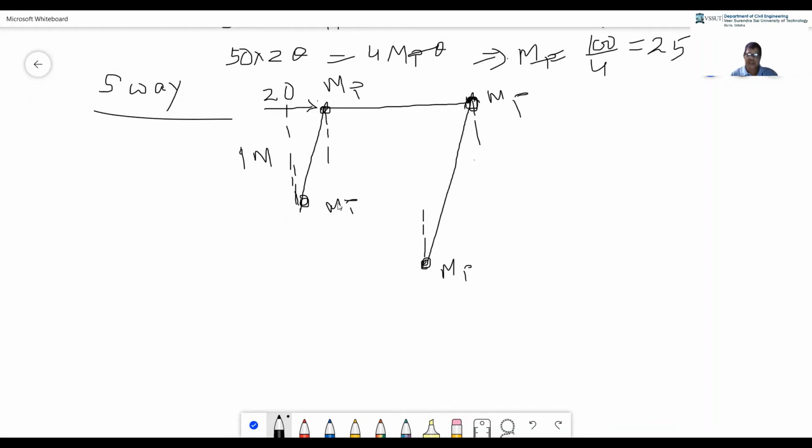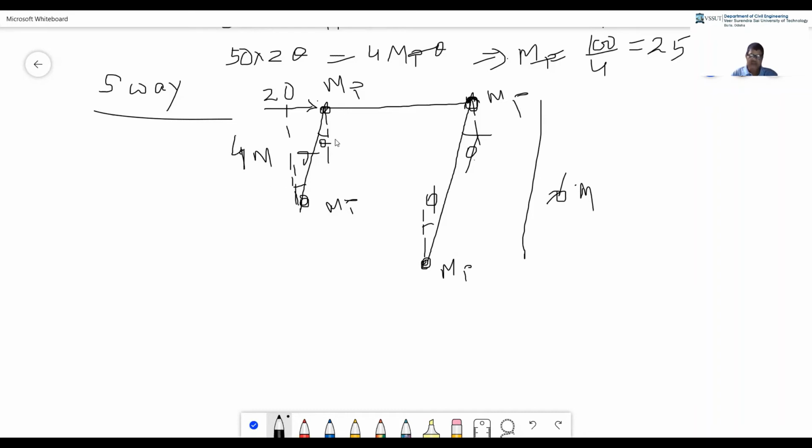Now if you take this theta as theta 1 and this as theta 2, this theta and this theta will not be the same. So if this is theta, this angle will be phi. They are different heights: this height is 6 meter and this height is 4 meter, right?